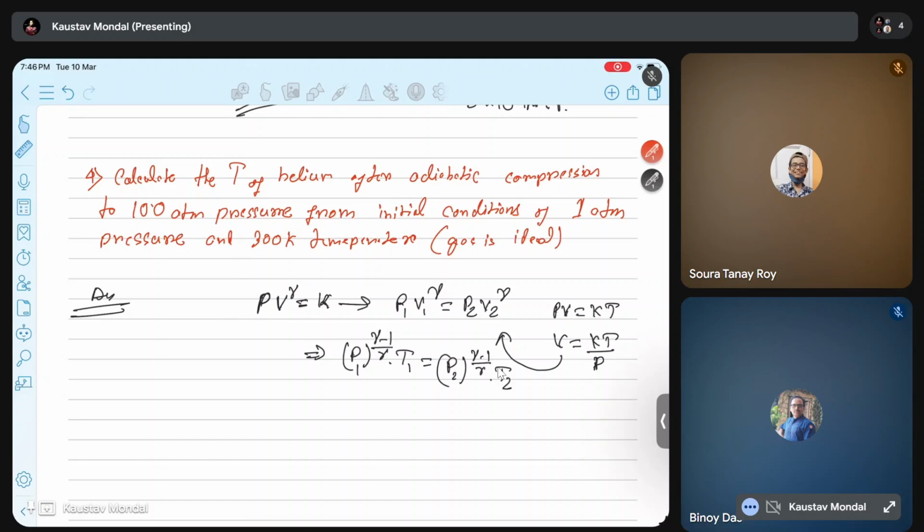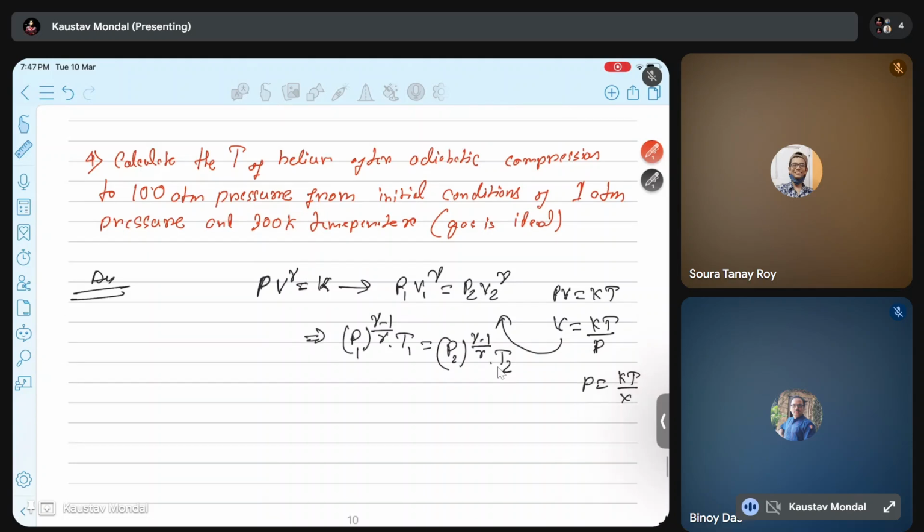Also, according to the problem, you can write it in different ways. You can write in terms of pressure and temperature, in terms of pressure and volume, or in terms of volume and temperature, just by substituting temperature or pressure in terms of temperature and volume. So you write this expression in different ways depending upon the problem.